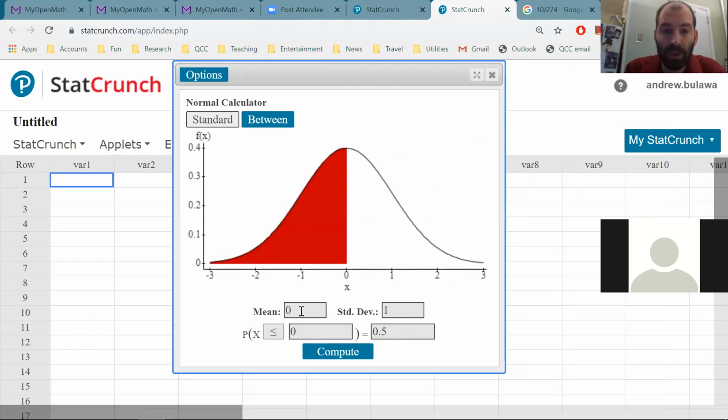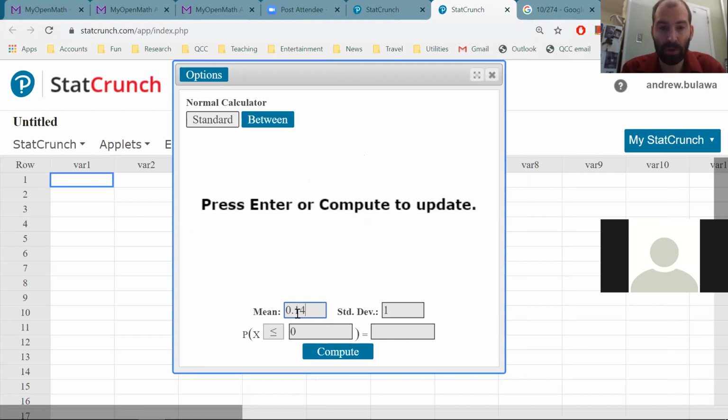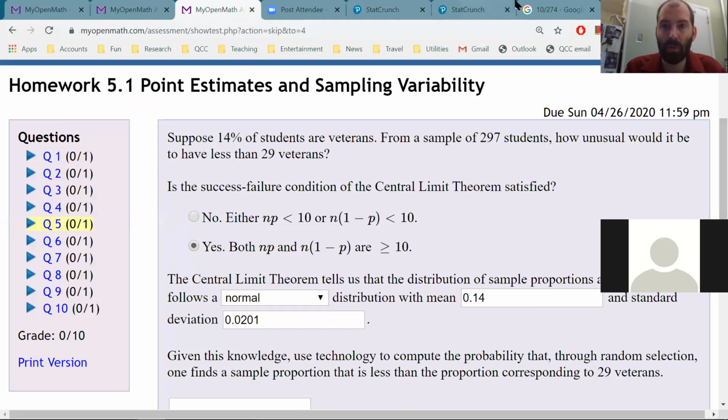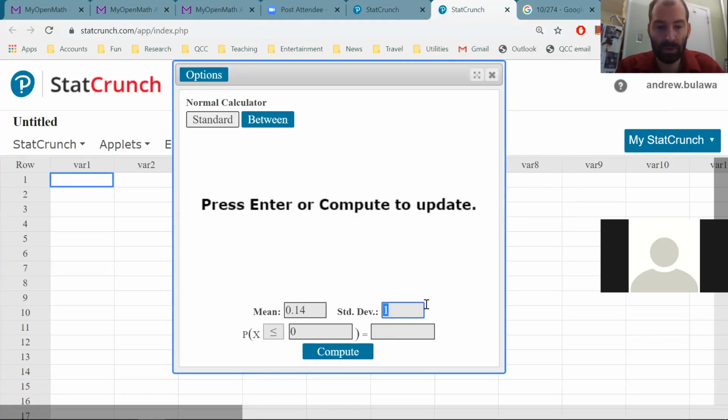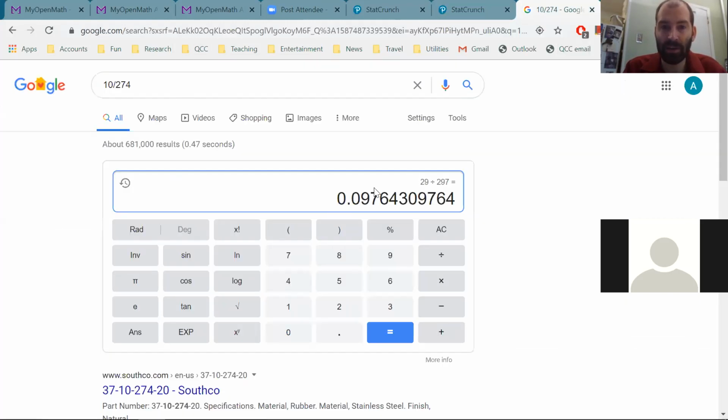We knew what the mean was; we answered that in the first part of the problem. It was 0.14. The standard deviation we wrote down, that was 0.0201. Now we want to know what is the probability that the proportion is less than the proportion that we just calculated.